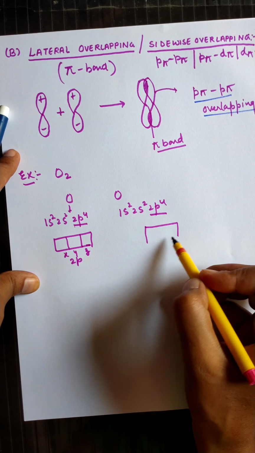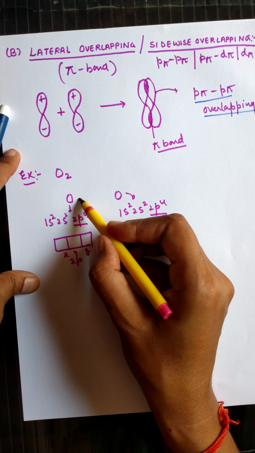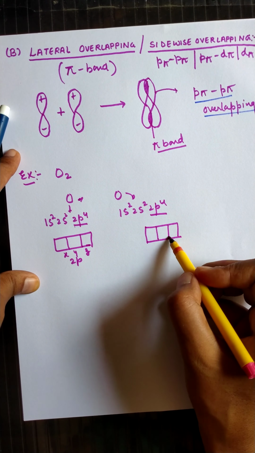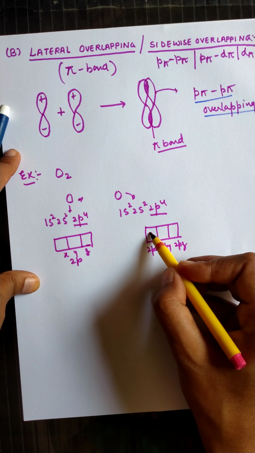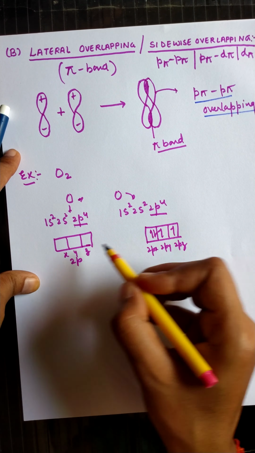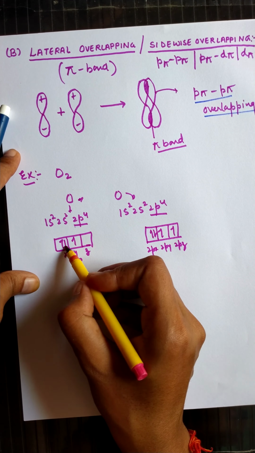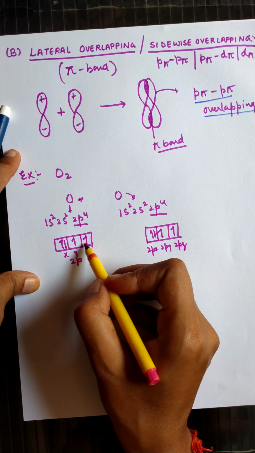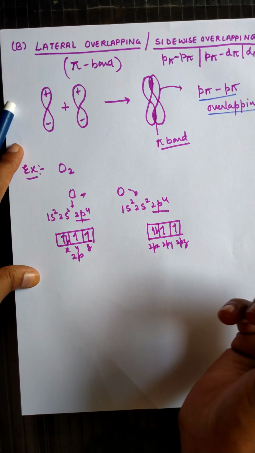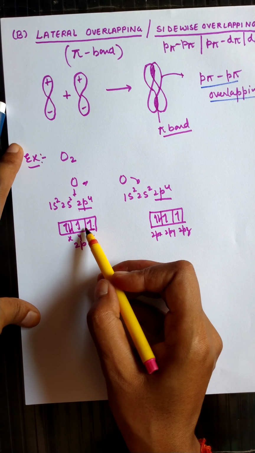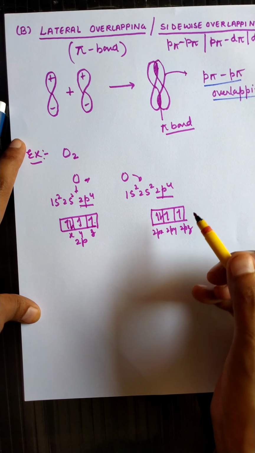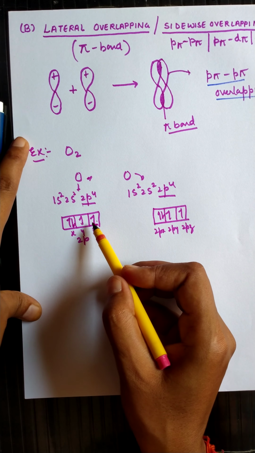And for this oxygen also, 2px, 2py, 2pz. Now you can see, students, that two orbitals are unpaired here, and here also two orbitals are unpaired, and these are 2p orbitals.